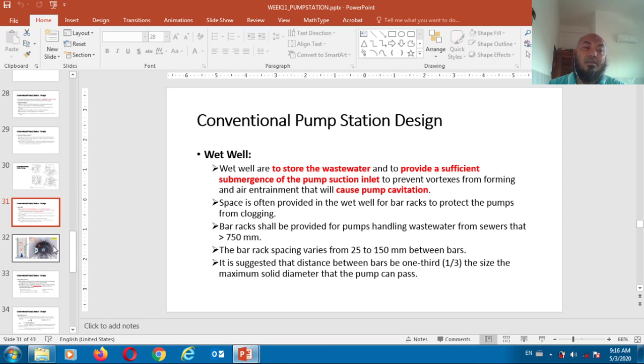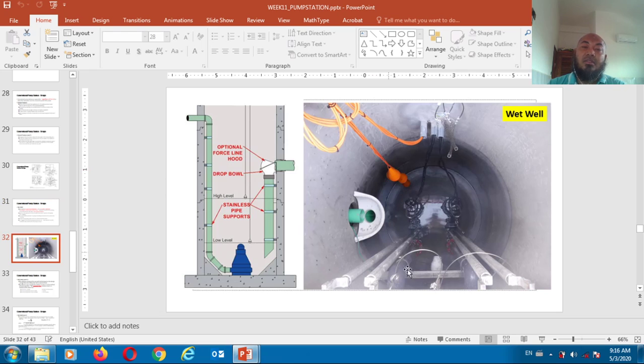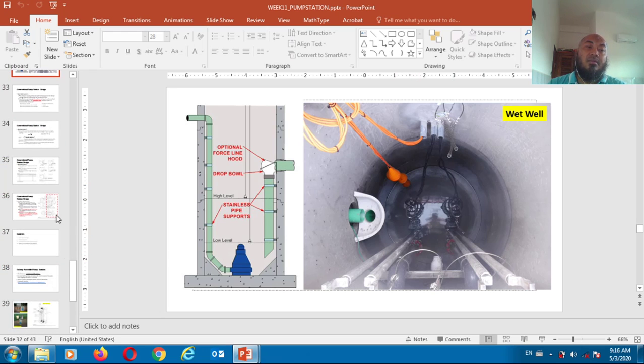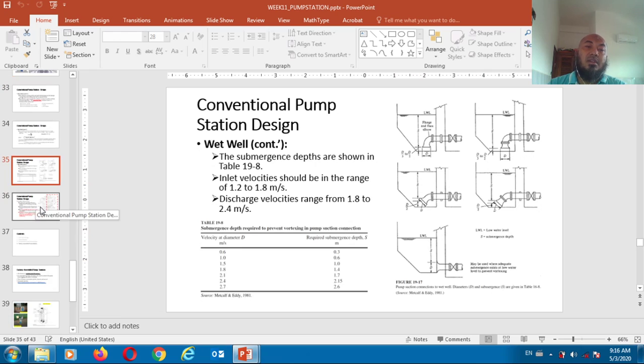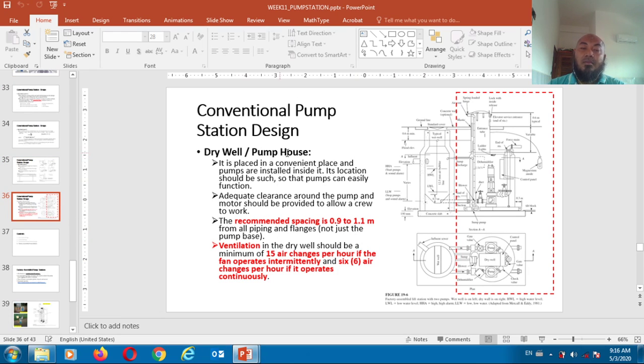The wet well is the place where the sewage will be collected, and the dry well or pump house is where the pump is located, with connections to pump the wastewater.